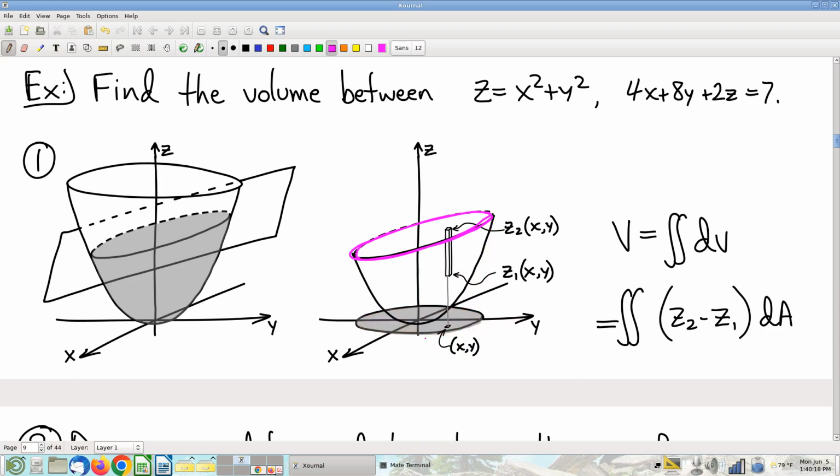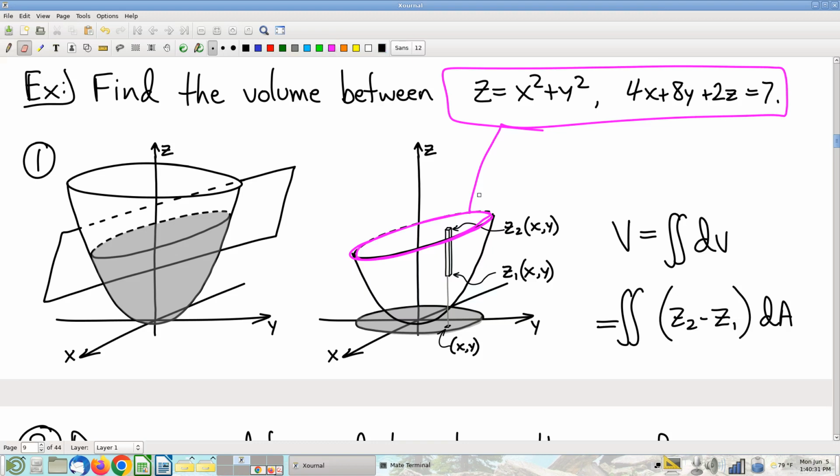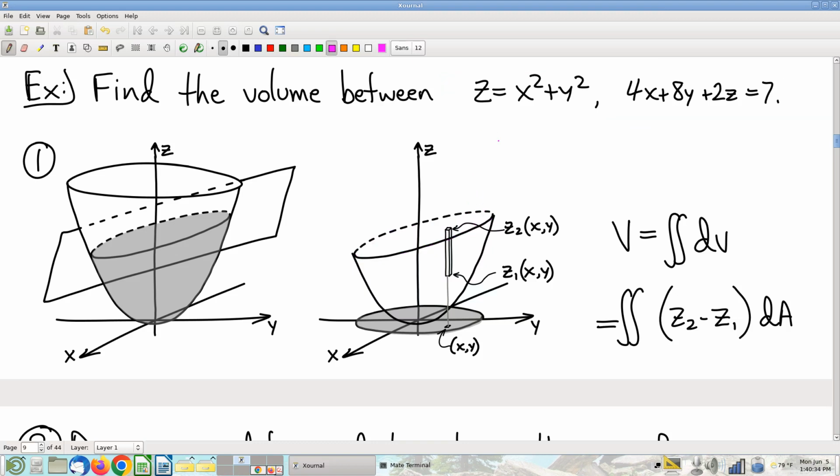So, a lot of students, noticing this geometrically, will say, okay, so I need to find the intersection of these two surfaces, and here's another landmine. A lot of students will mess this up. A lot of students will say, I'm going to set these two equations equal to each other. Again, you can see the temptation. You want to know where they intersect, and there's this temptation to say, well, then I want to set the equations equal to each other.